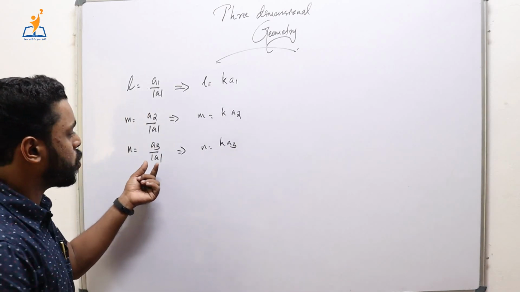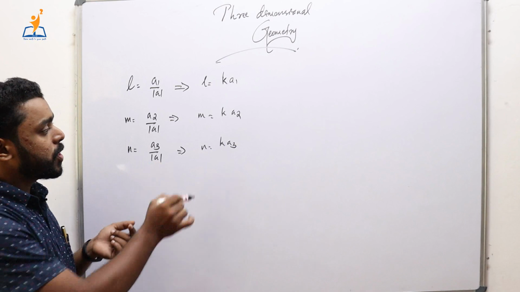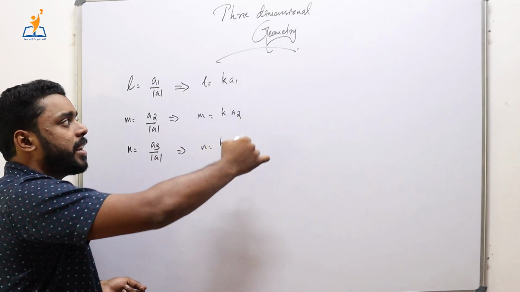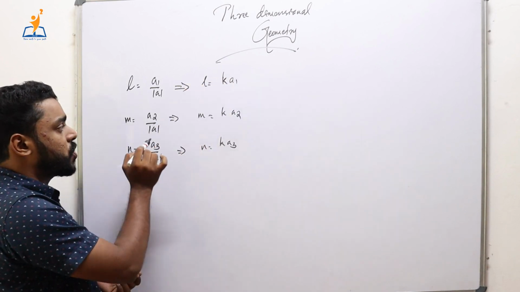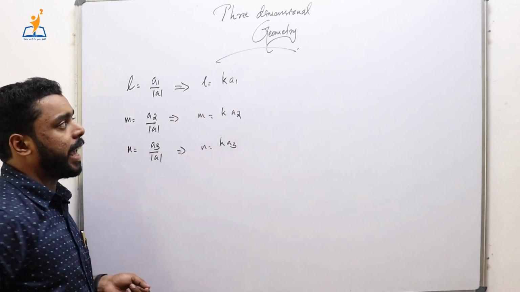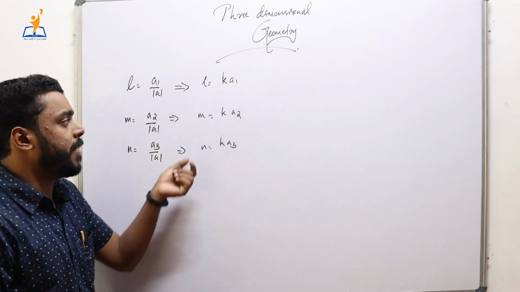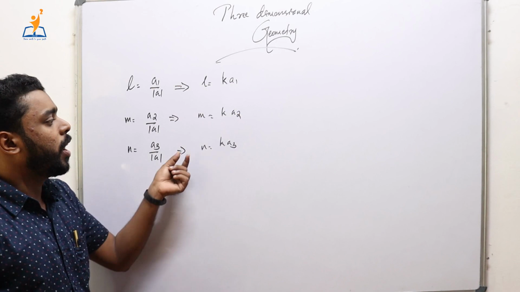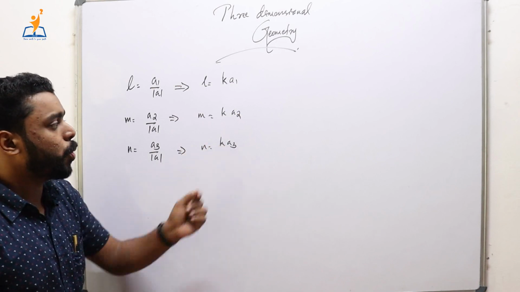Here K is nothing but 1 by mod A. For the convenience of other derivations, we represent 1 by mod A as our K.